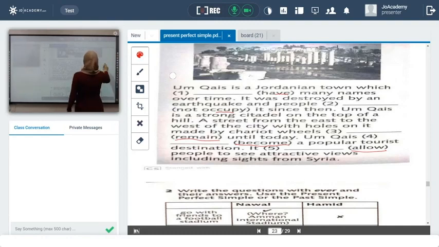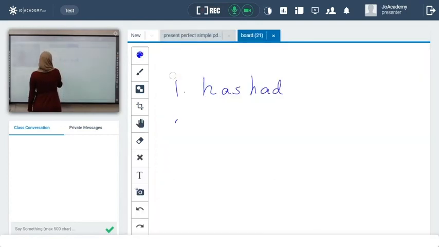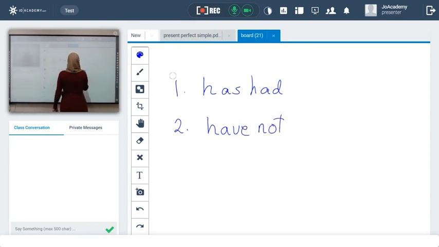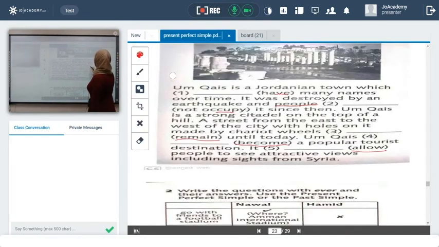It was destroyed by an earthquake and people, what? Not occupy. So we say people have not or haven't occupied it since then.